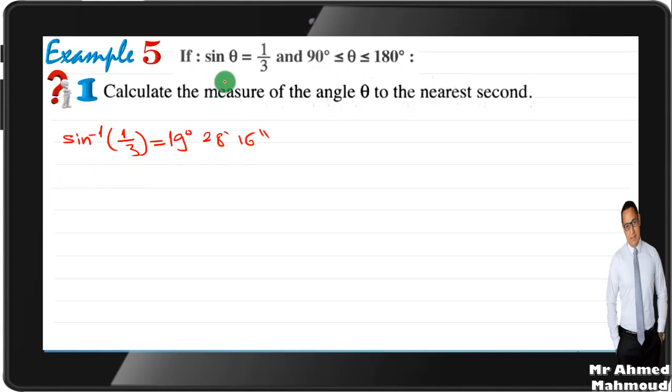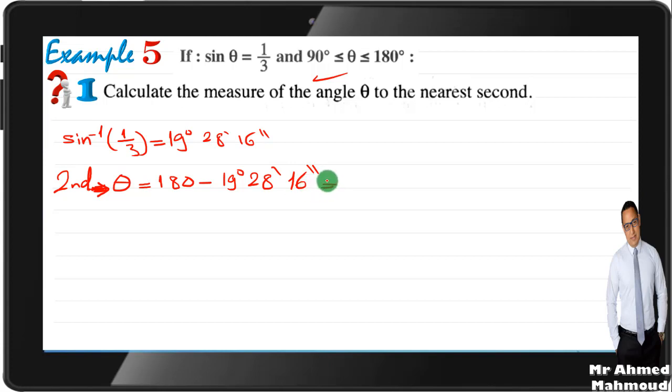Okay, here between 90 and 180, it's the second quadrant. In the second quadrant, theta equals 180 minus the smallest measurement, minus 19 degrees 28 minutes and 16 seconds.